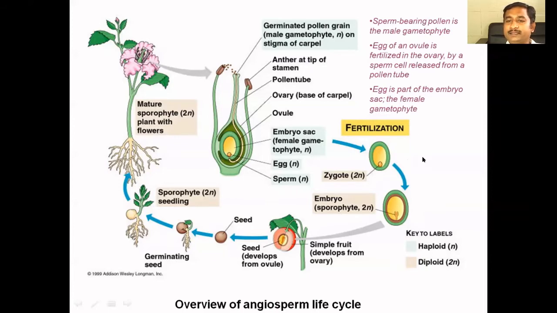Okay, and this entire process is how a seed is developed. In a plant, for example, this is an embryo, and the sporophyte is 2n, and there is a zygote inside. The upper part of this, the ovary, becomes the fruit.